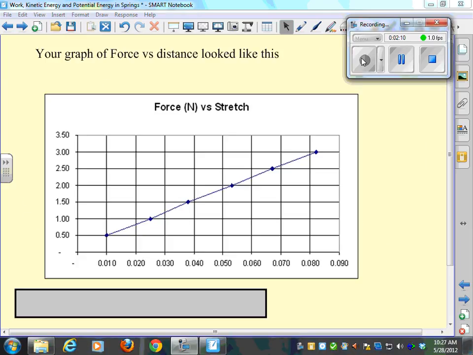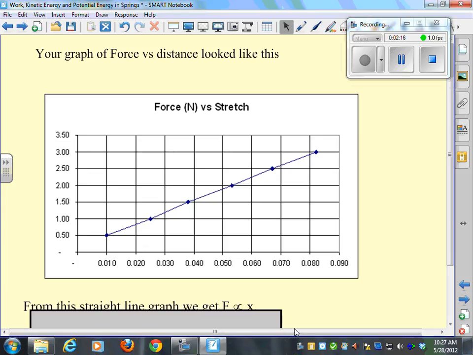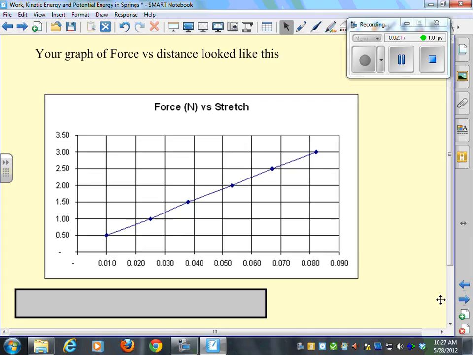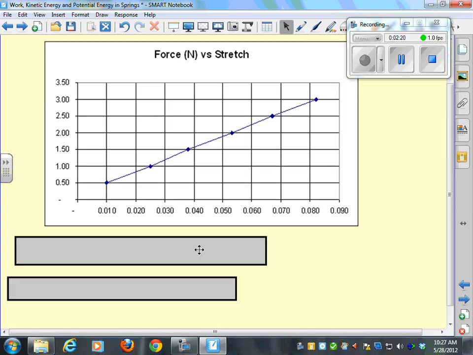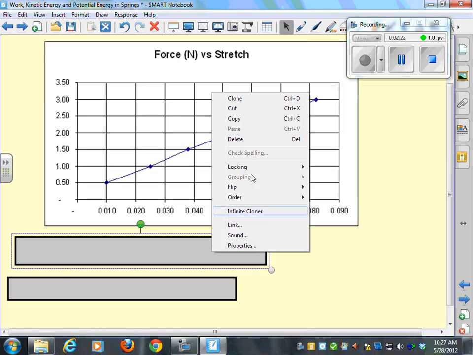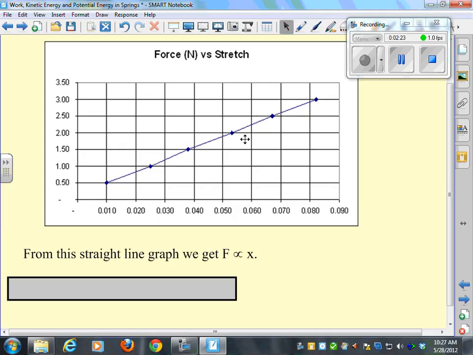So your graph of force versus distance should have looked like this, which means we get a straight line, right? We get F is proportional to x. You should have had that the other day.